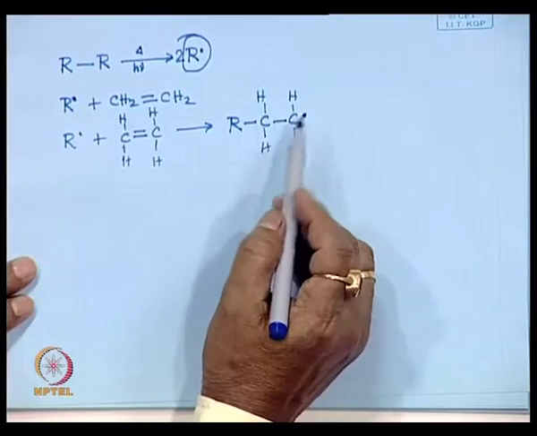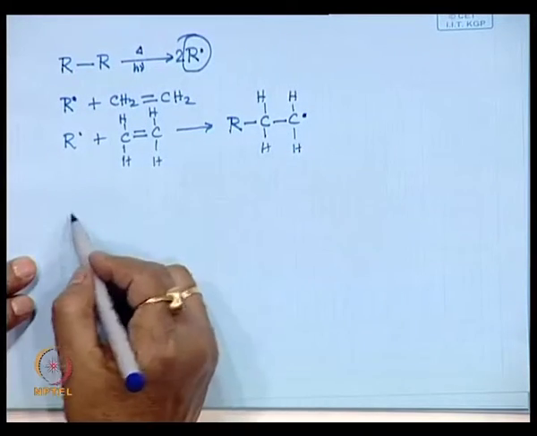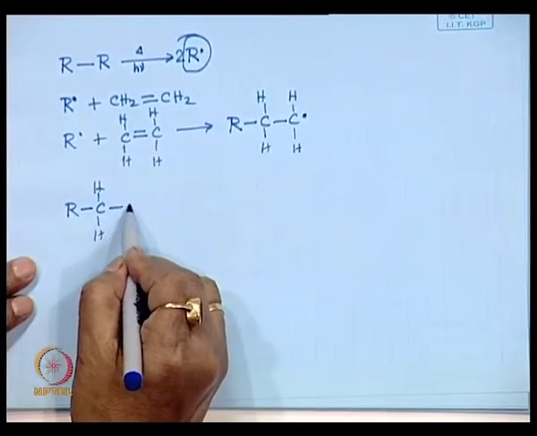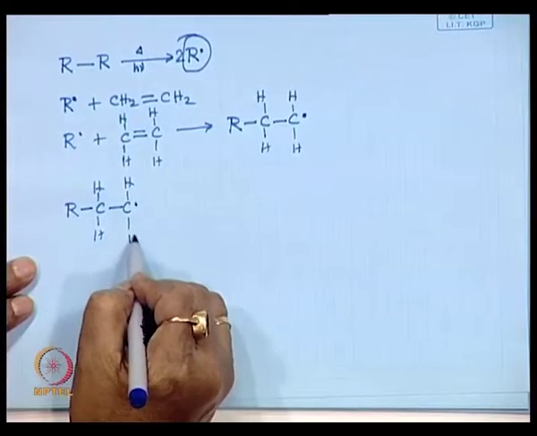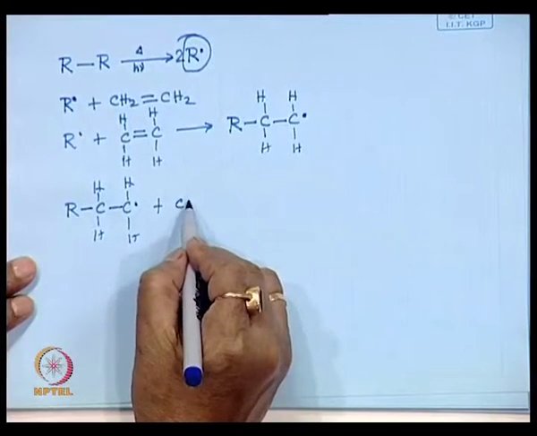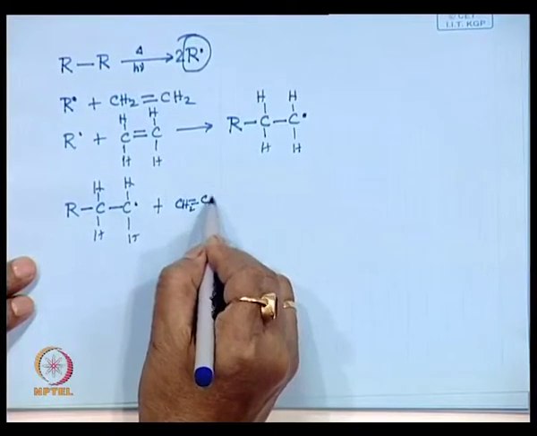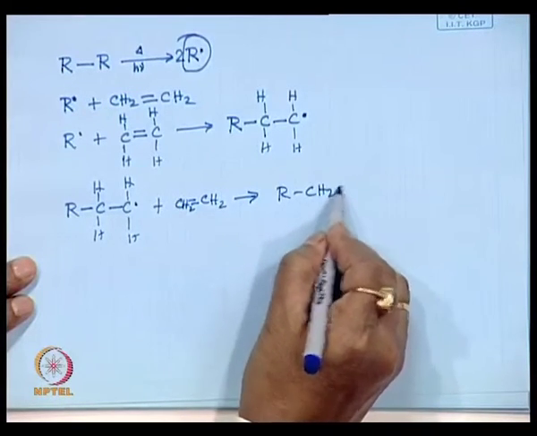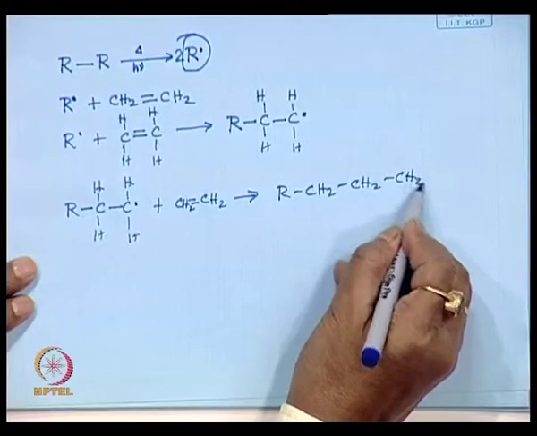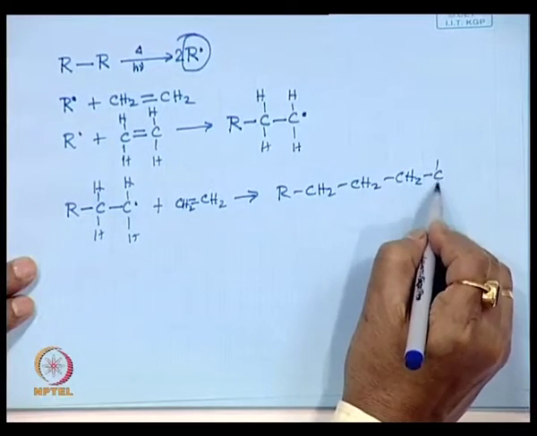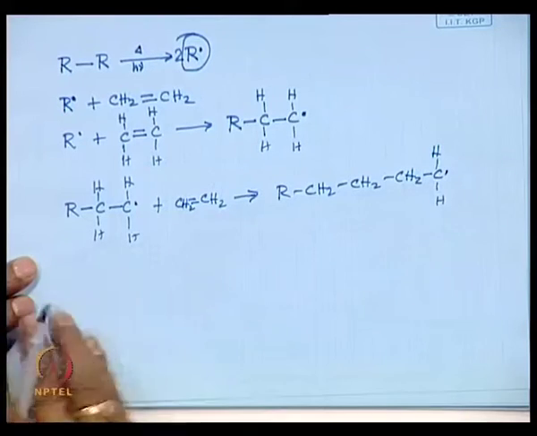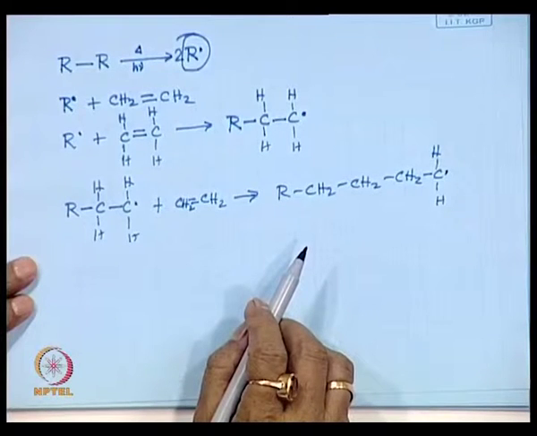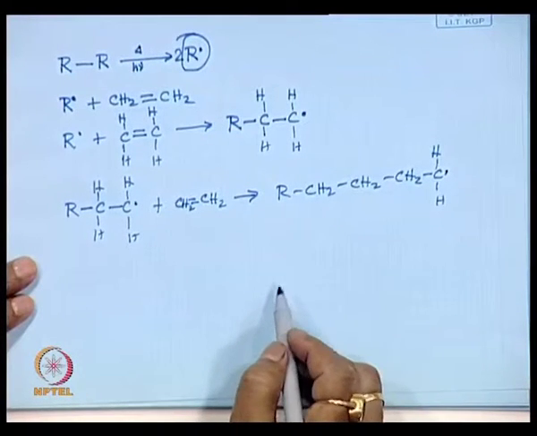Now, this species is highly reactive. So, it will further add to another monomer like this. So, this process continues at a very fast rate, and ultimately what happens?